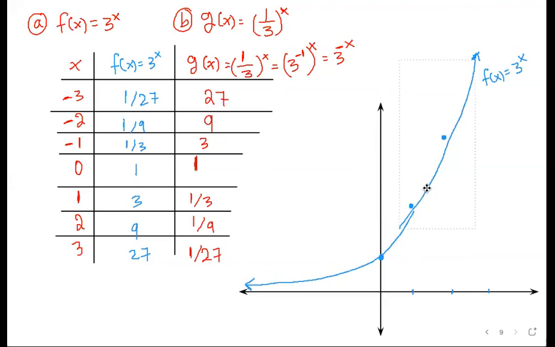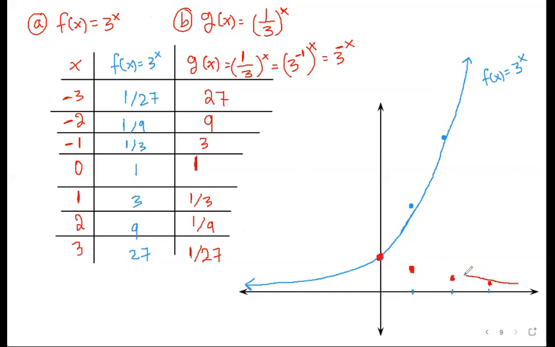Then 1 and 1 over 3. 2 and 1 over 9, like around here. 3 and 1 over 27, close to 0.